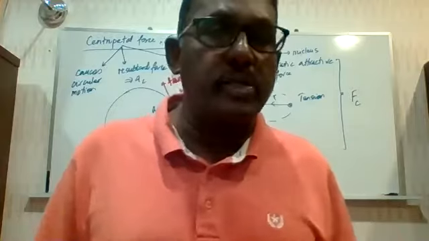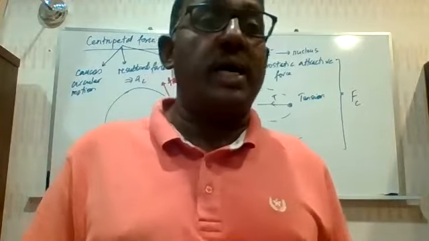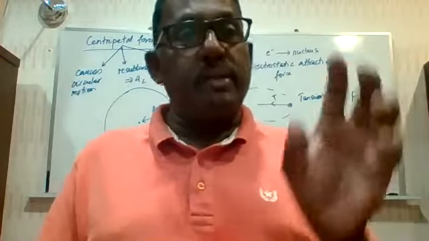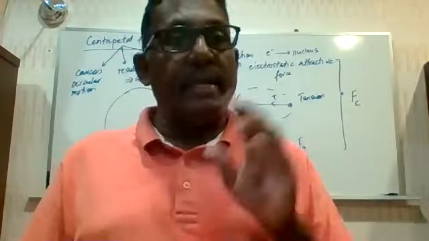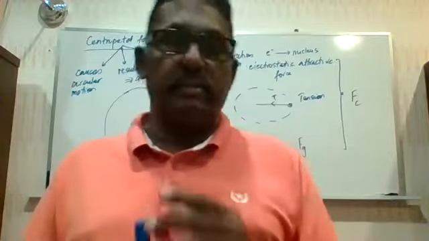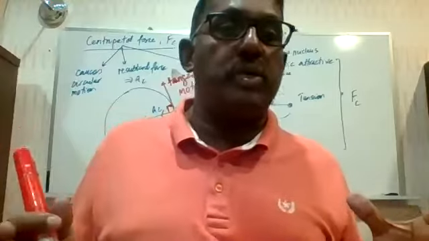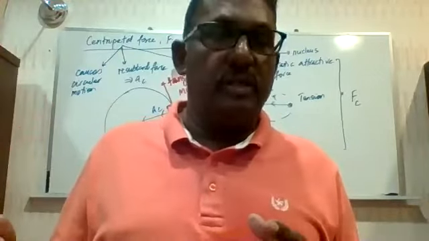Now, according to the work-energy theorem, work can be transformed to energy and energy is used to do work. So if work is not done, there's no transformation into energy.